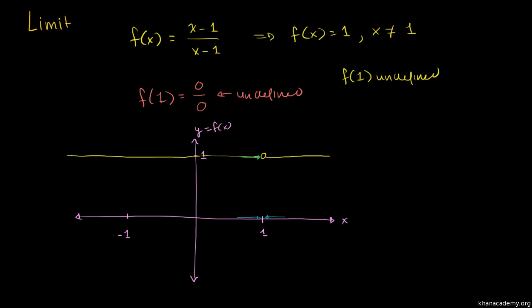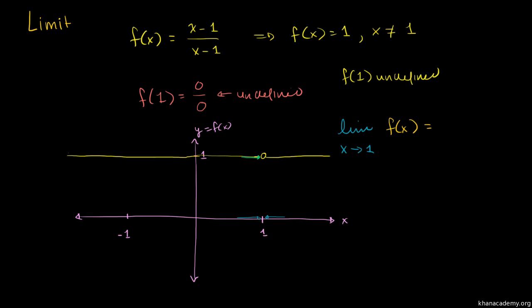So you could say, and we'll get more and more familiar with this idea as we do more examples, that the limit as x approaches 1 of f of x, lim being short for limit, is equal to, as we get infinitely close to 1, as long as we're not at 1, our function is going to be equal to 1.